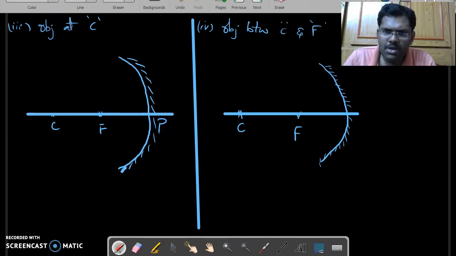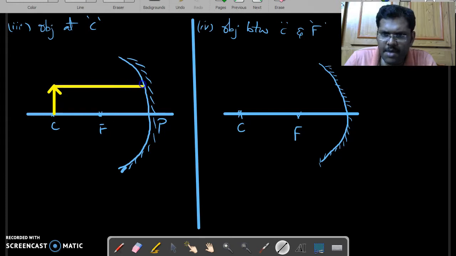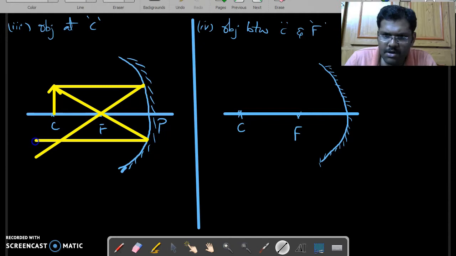Now assuming the object is kept at C, the first ray is parallel to the principal axis, passing through the focus, and the second is passing through the focus, passing parallel to the principal axis. Now if you see here, I am slightly near to the center of curvature.